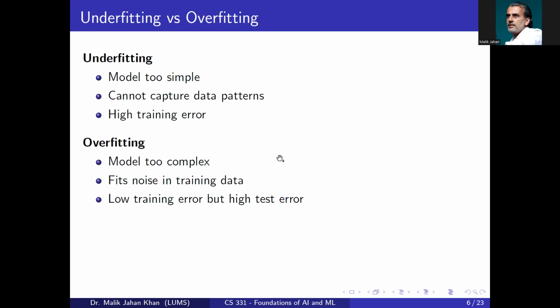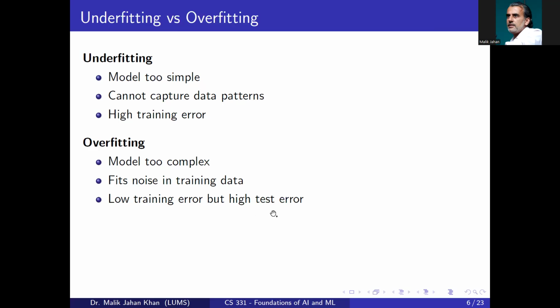The flip side is that if our model, during its entire training exercise, becomes too complex and fits very well to the training data, which also means that if there is some noise in the training data, it fits to the noise as well. As a result, it results in a very low training error, but might end up with a very high test error.